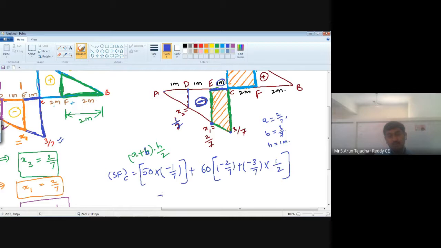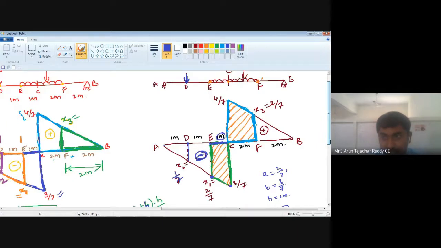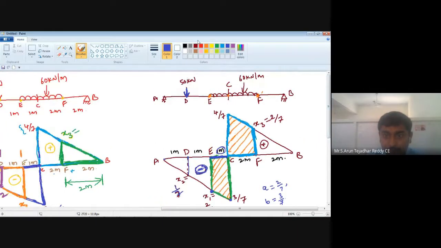Now consider the upward portion. In the upward portion, we have a UDL, and in that UDL, it is a trapezoidal shape. So (A plus B) into H by 2. Here what about A, what about B? In this trapezoid, the completely sky blue color, you can observe now.